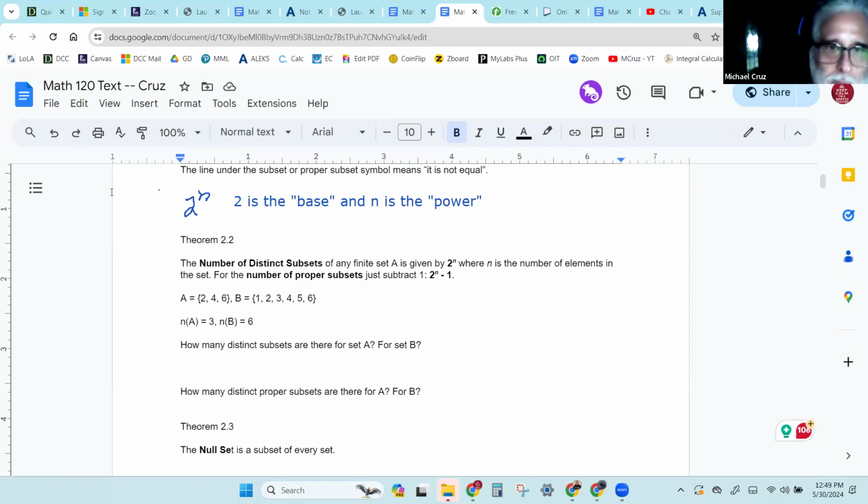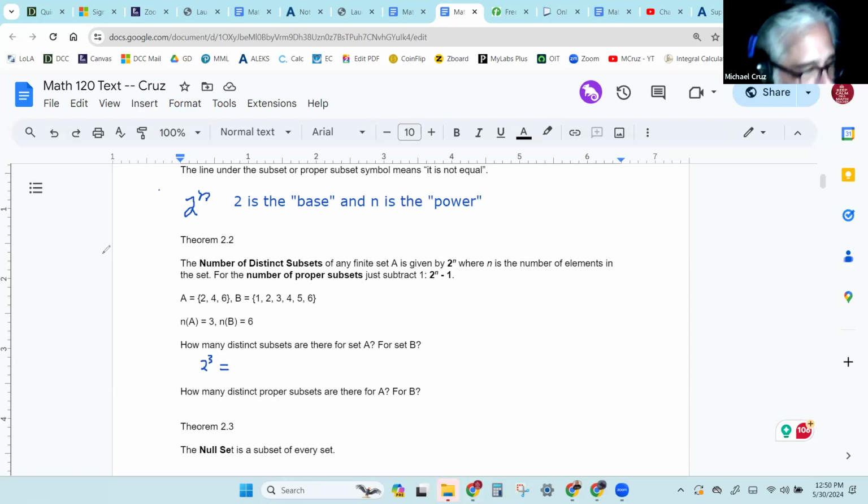So let's look at an example. If you got a set A that's got 3 elements in it, and set B has got 6 elements. So for subsets, two to the third power.